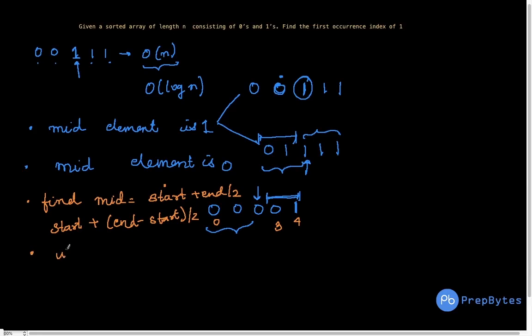We'll check if a of mid, let's say a is the array, is equal to 1. If it is equal to 1, we will check if arr of mid minus 1 is 0 or not. Before that, there is another condition that we need to keep in mind. What if the array is something like this?